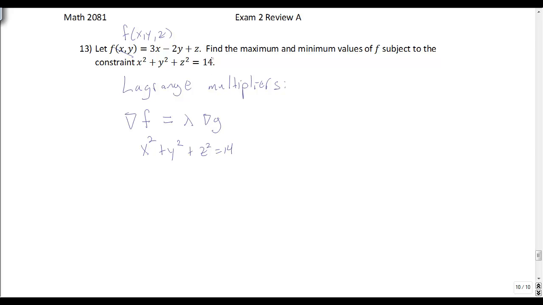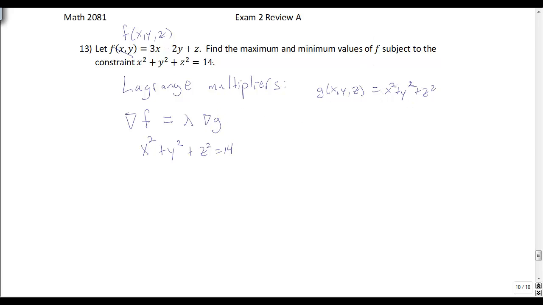I guess I didn't say what g was, so we're going to let g of xyz, so f is 3x minus 2y plus z, g of xyz is going to be x squared plus y squared plus z squared. And so the idea here is we're going to maximize a function constrained to some sort of level surface here.